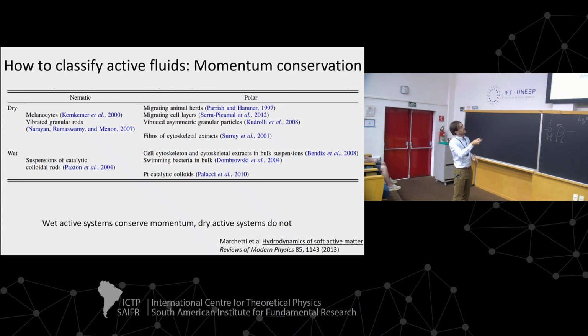It's polar here. So this is a table where these are different symmetries. I'll get to what a nematic active fluid is in just a second. But the Quincke roller case, this colloidal polar active fluid, is both dry and polar here. There are lots of other examples, biological ones too; animal herds are an example here as well.